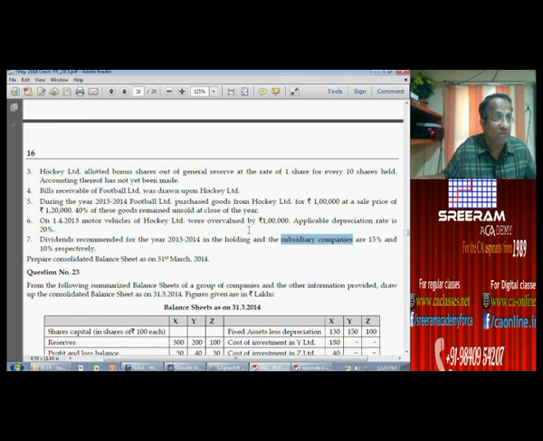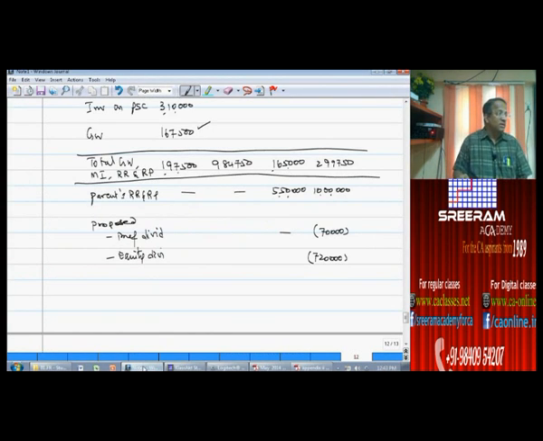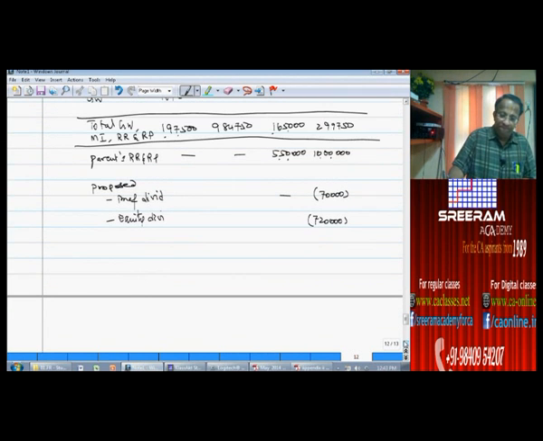Are you understanding, all of you? It's not difficult. So go a little deep into the subject and pull out all this. Now we will do that. What is the working that we have to go about? We have to deduct two items from here. We will show that separately as a computation.